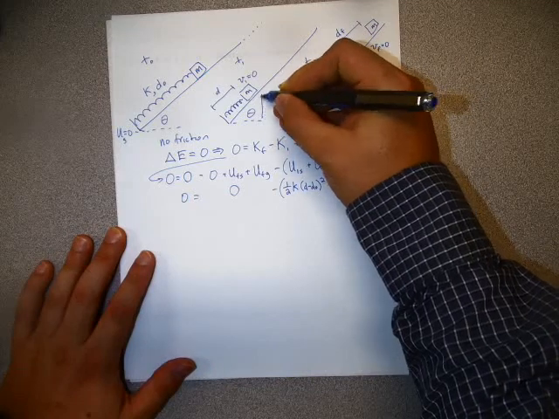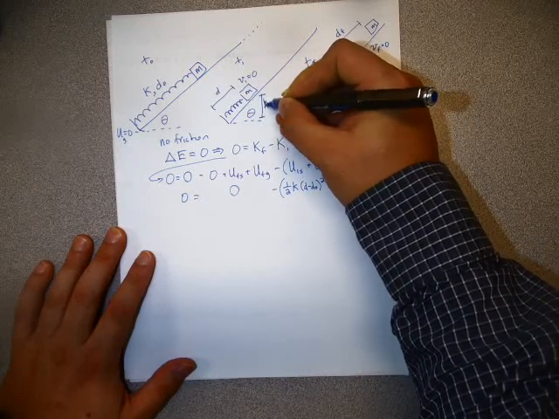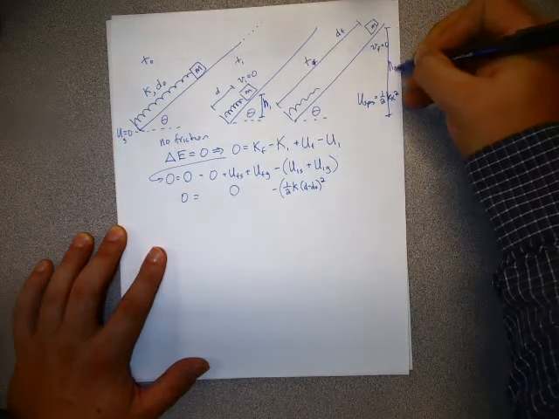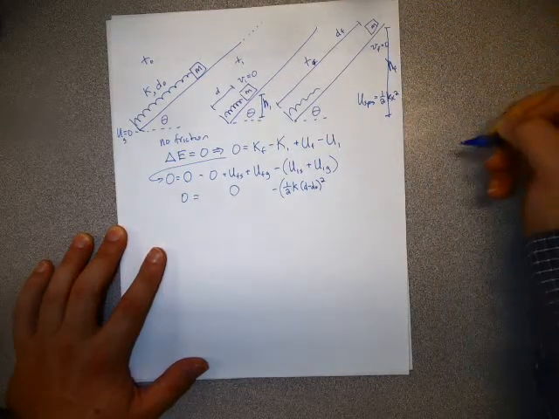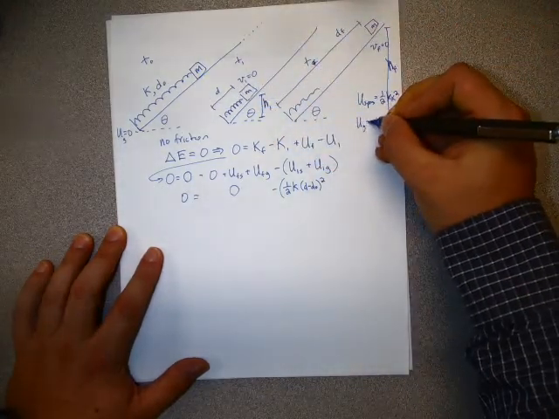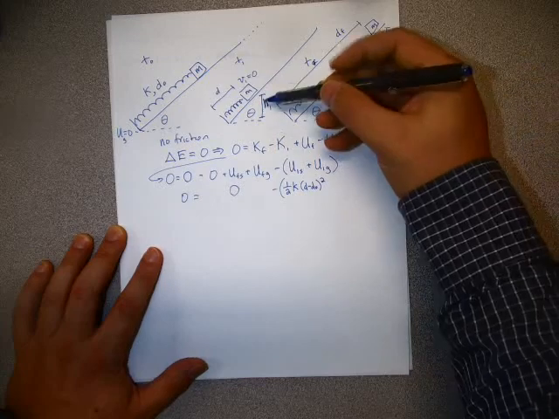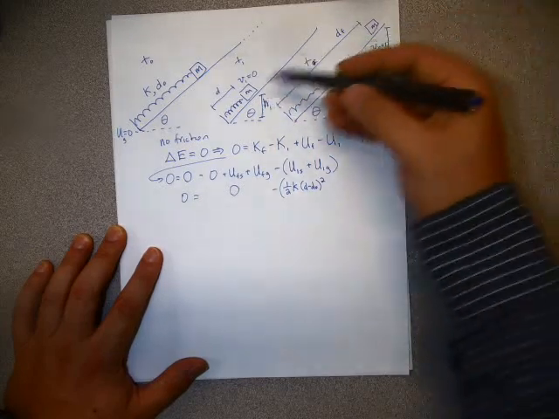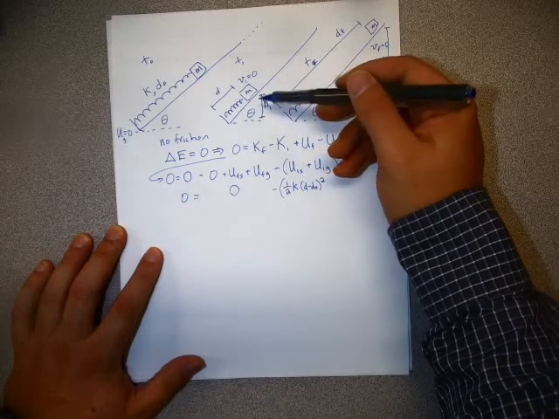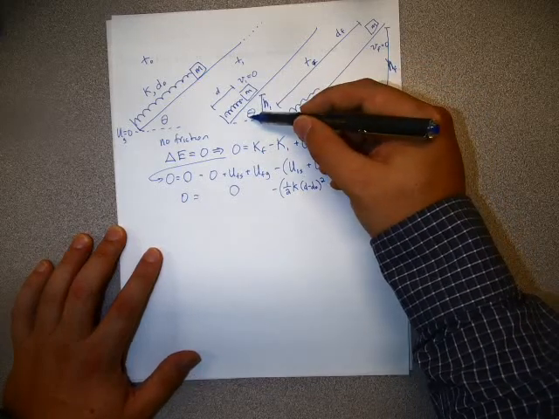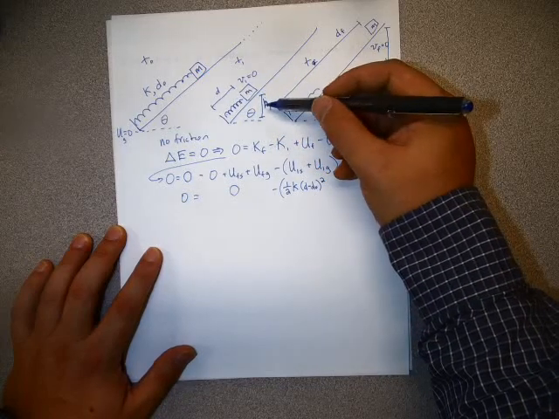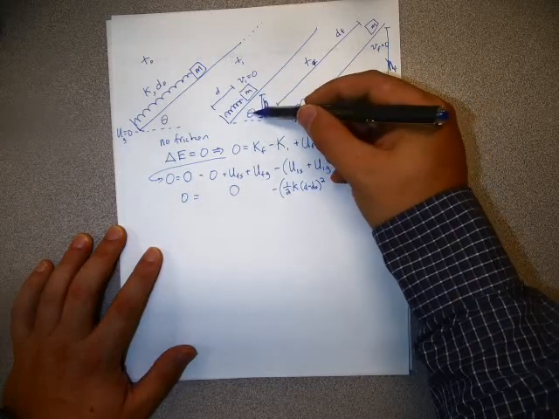Notice that we need to know here the height h1 and this height h final here. Is that on my sheet? Yeah. So those are the h's that go in u grav equals mgh, and we can find h1 and h final using the hypotenuse and one of the angles. So I think that the sine of theta is h1 over d, so h1 is equal to d sine theta.